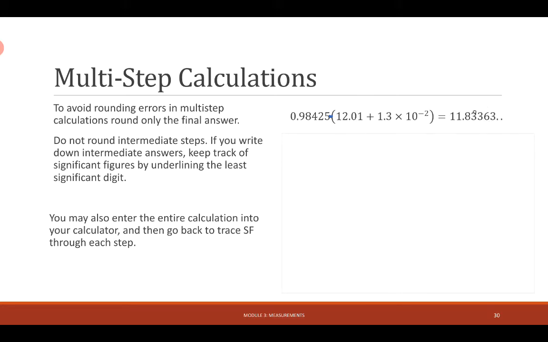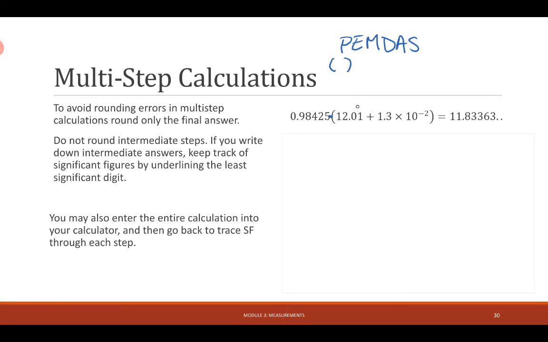But this should be enough for us to figure out our sig figs. After you get this number from your calculator output, you can go back and try to trace your sig figs through the calculation. As you're doing your sig fig rules, you have to remember to do your calculation in the order of operations. We might remember the acronym PEMDAS from an algebra class that says, please excuse my dear Aunt Sally, with the P standing for parentheses.